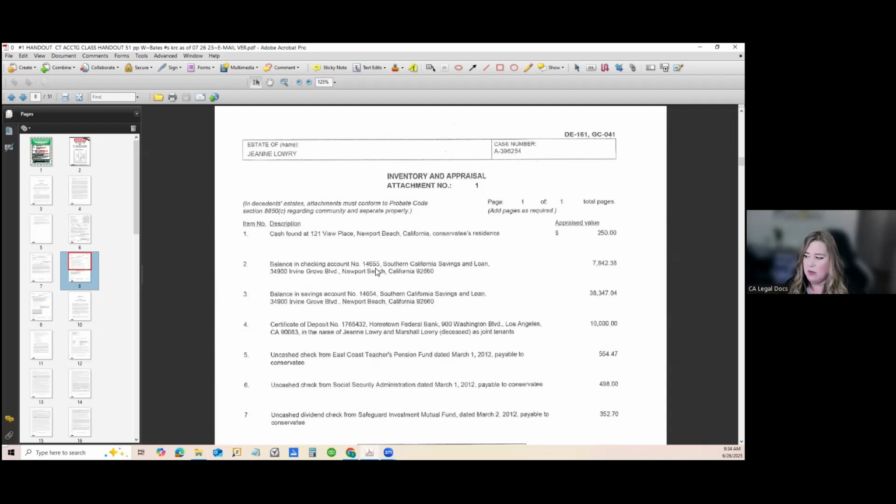It's up to you what digits you list, but I have also seen judges where they see inventory and appraisals that are completed where full account numbers are listed, and the judge had some not so kind remarks to the attorney or the pro per.